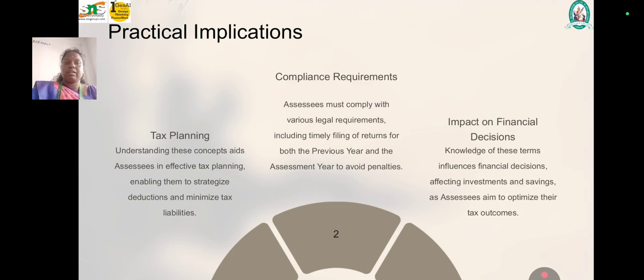In compliance requirements, assessees must comply with various legal requirements including timely filing of returns for both the previous year and the assessment year to avoid penalties. Knowledge of these terms influences financial decisions affecting investments and savings as assessees aim to optimize their tax outcomes.